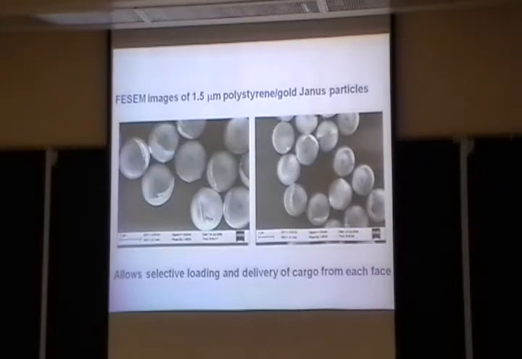Okay? These are some examples. These are polystyrene polymers. So that's what you start with, and through the procedure I just told you, you can deposit gold on one side, and you can see this. Works very well.